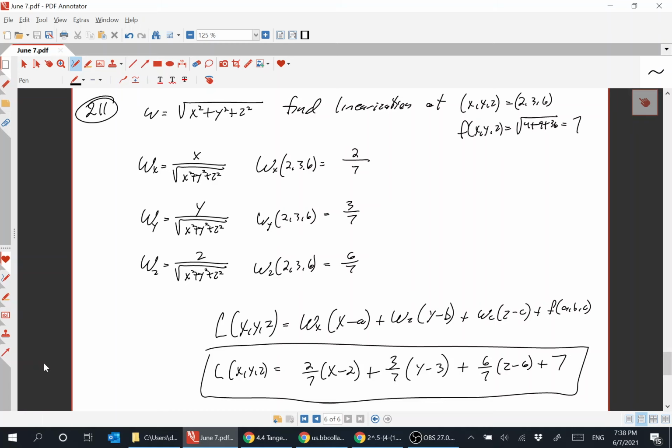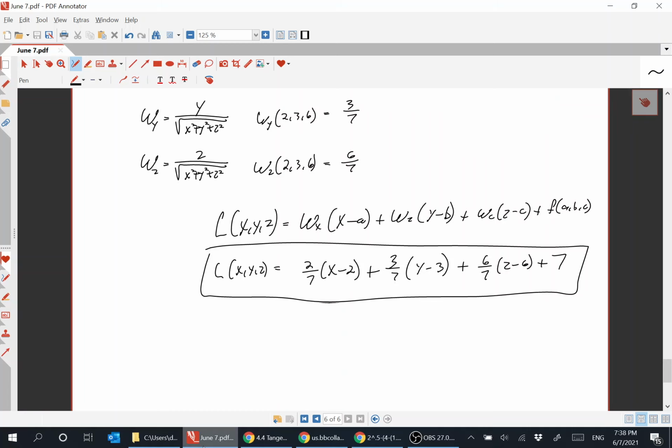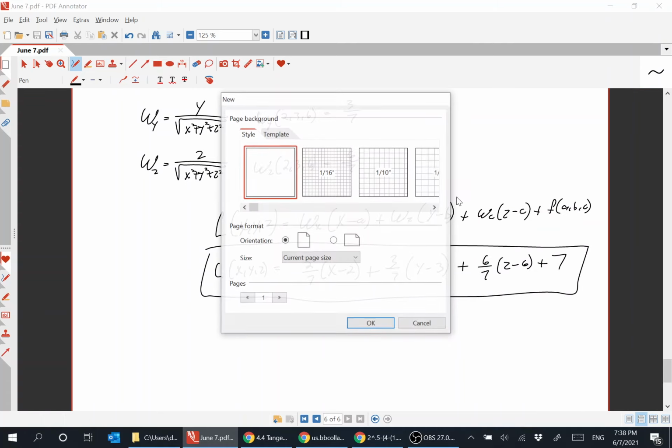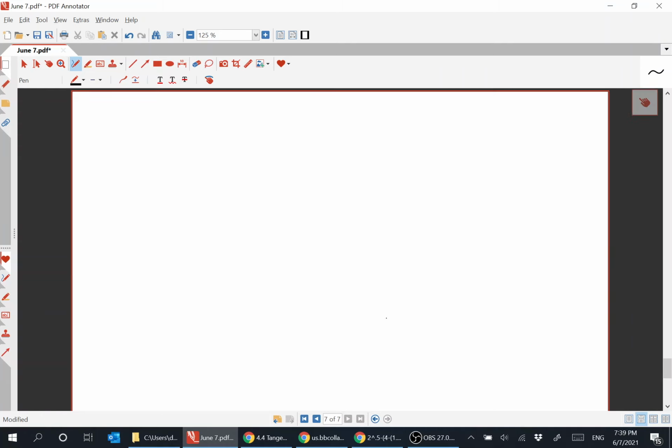Moving on to section 4.5, which is on the chain rule. So 215.